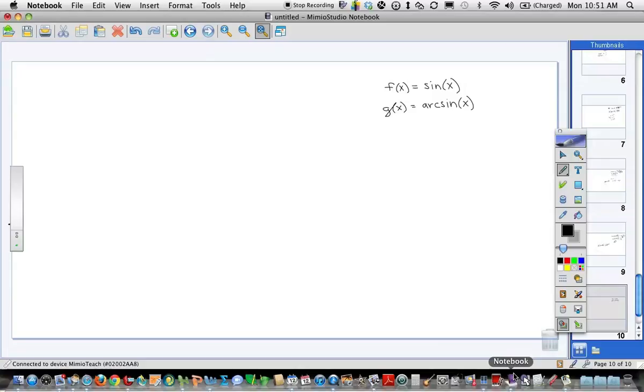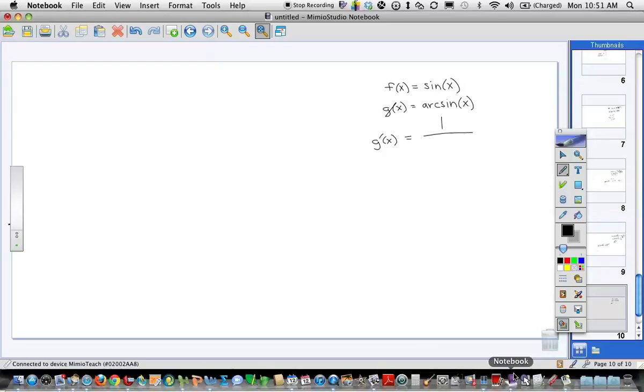So I've got g, so g prime of x, which is what I'm interested in, right? I'm interested in what the derivative of arc sine of x is. So g is arc sine of x. So according to this rule, g prime should be 1 over, because sine and arc sine are inverses, with a restricted domain. As long as we restrict the domain properly like we showed earlier, they are inverses.